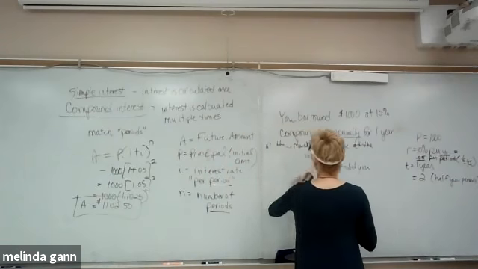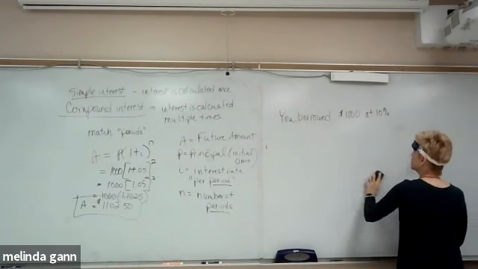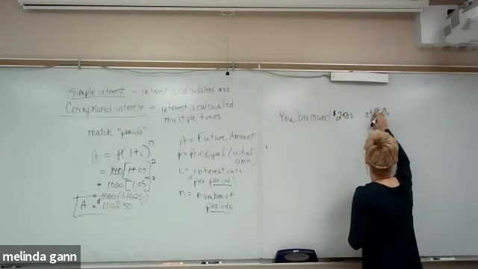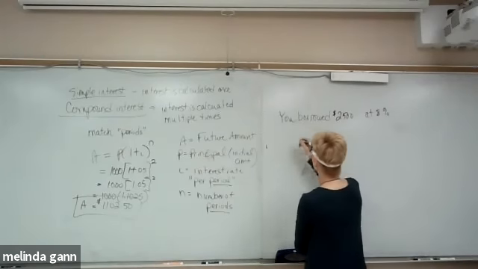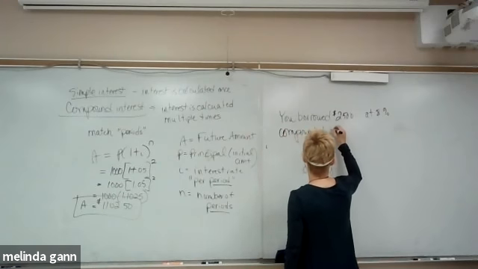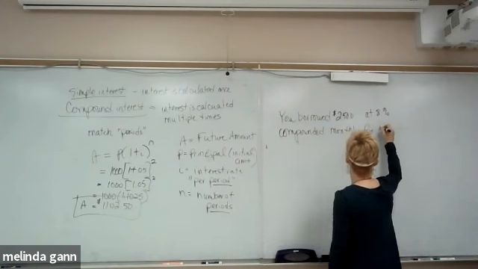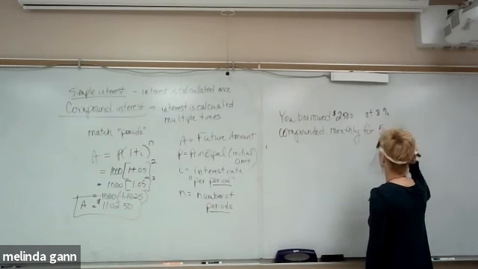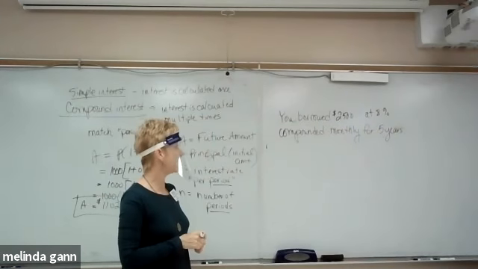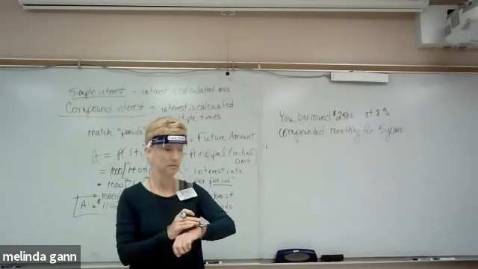What if you borrowed $2,500 at 8% compounded monthly for 5 years? Okay, so you're borrowing $2,500 at 8% compounded monthly for 5 years. Okay?